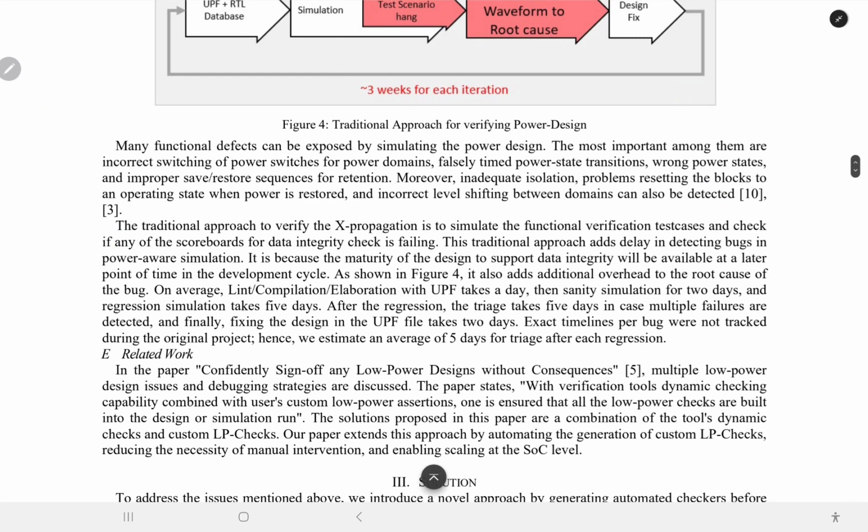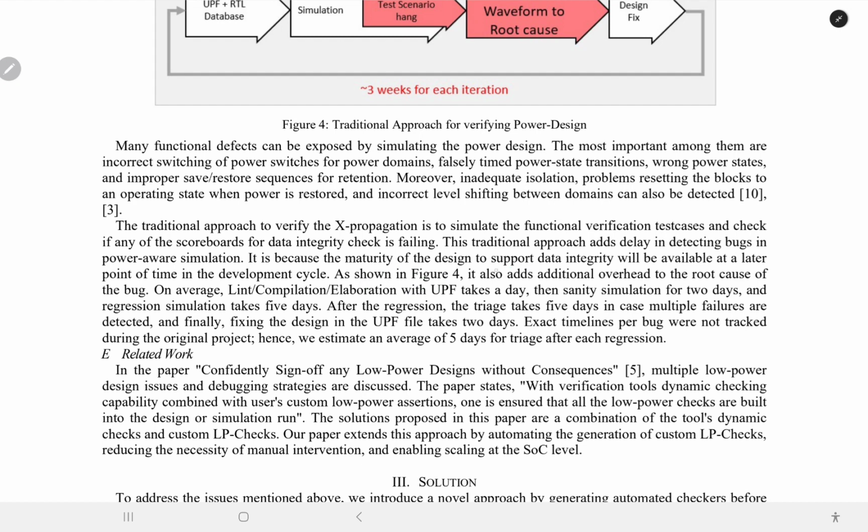The traditional approach to verify X-propagation is to simulate the functional verification test cases and check if any of the scoreboards for data integrity checking is failing. The traditional approach adds delay in detecting bugs in power-aware simulation, because the maturity of the design to support data integrity will be available at a later point of time in the development cycle.